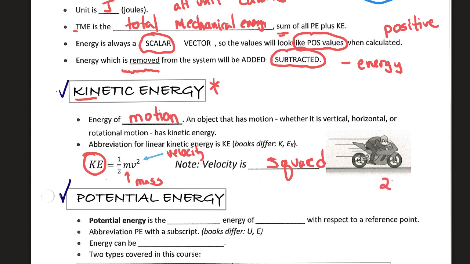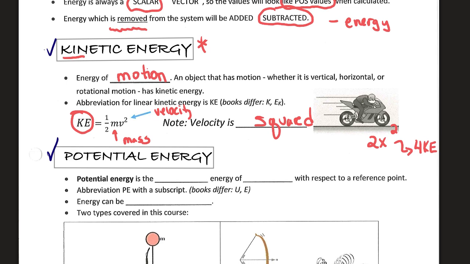So if you were to double the speed of a moving object, you have to square that, it would be 4 times the kinetic energy. So driving cars, they often warn you about excessive speeds because the amount of energy that your vehicle has and has to get rid of increases as the square of the velocity. So 1/2 times mass times velocity squared. Not a hard formula, but we'll practice that.